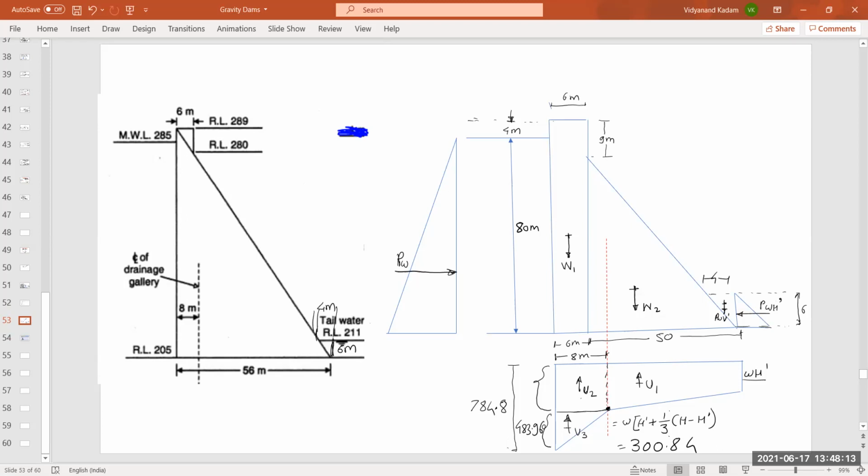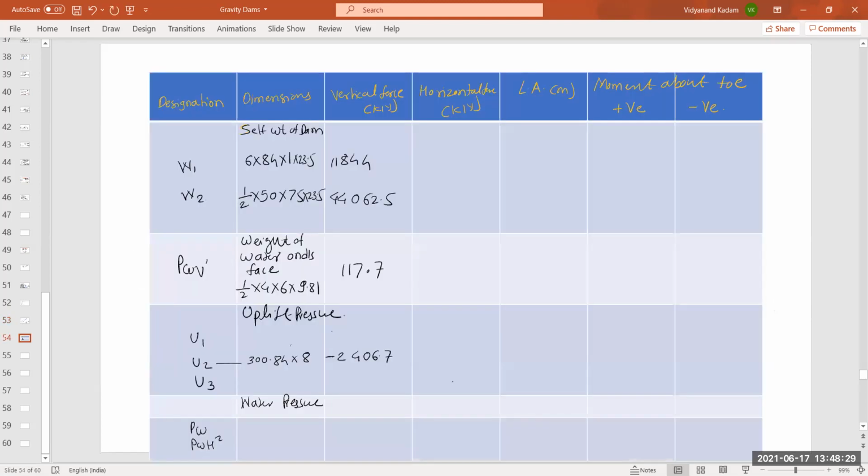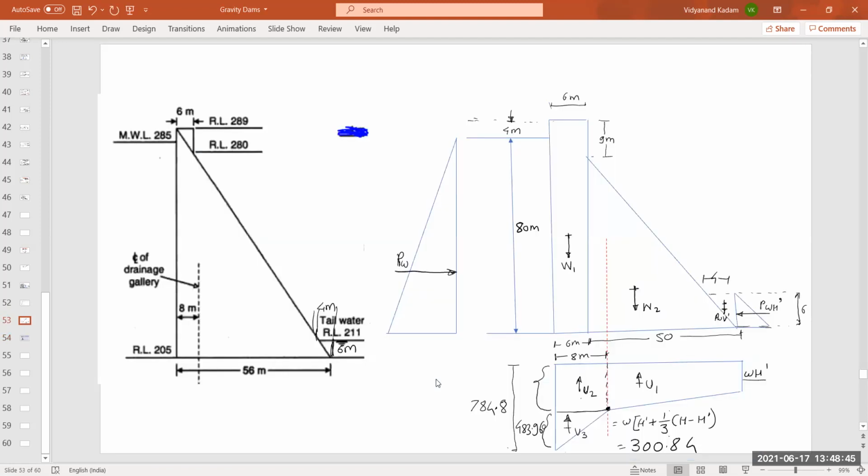483.96. So this is the height of triangle, and base of triangle is, sorry, base of triangle is 8 meter, not 6 meter. It is 8 meter up to the drainage gallery line. So from this we can write U3. U3 is equal to what? Area of the triangle. So it is 1/2 into base 8 into what is the height?